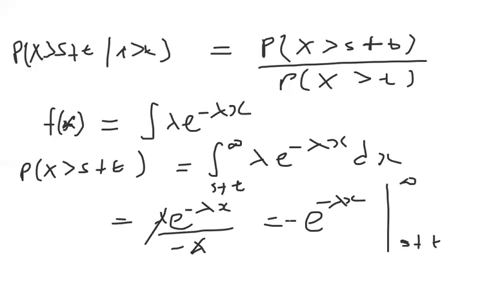When you put in infinity, that's going to give you 0. Then when you put in s plus t, you're going to subtract e raised to negative lambda (s plus t), so this becomes positive. So the probability that X is greater than s plus t is equal to e raised to negative lambda (s plus t).